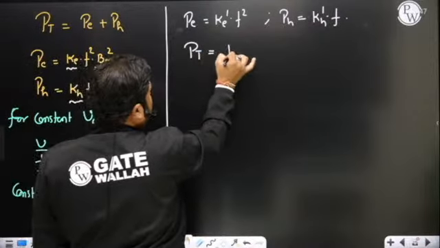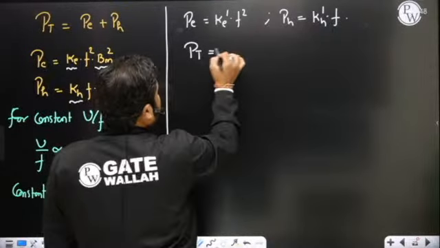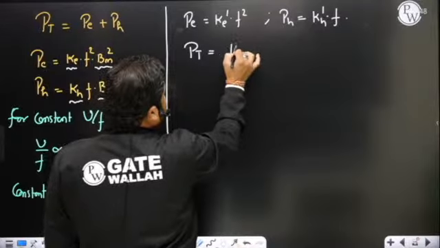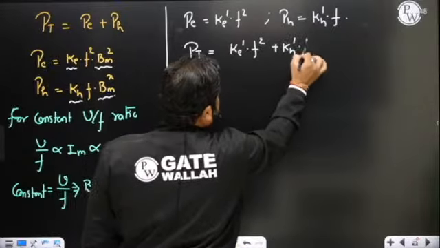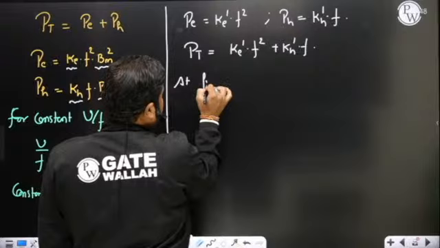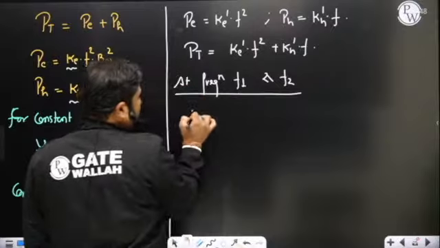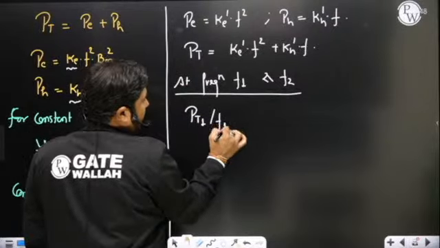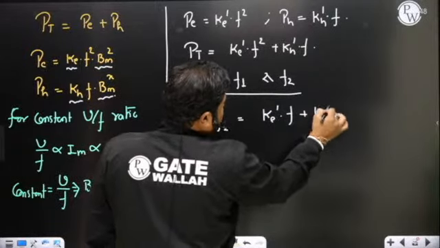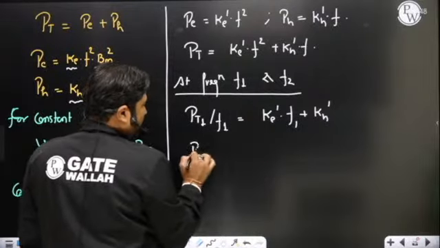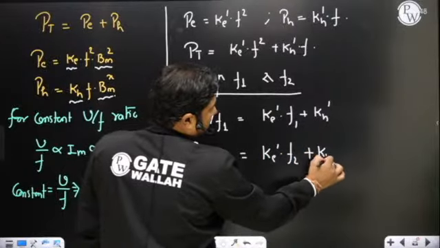So total loss is Ke dash F square plus Kh dash F. Now at frequencies F1 and F2, Pt1 by F1 is equal to Ke dash F1 plus Kh dash, and Pt2 by F2 is equal to Ke dash F2 plus Kh dash.